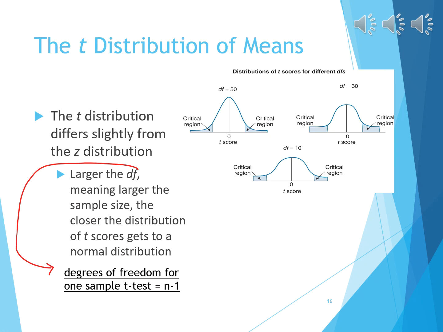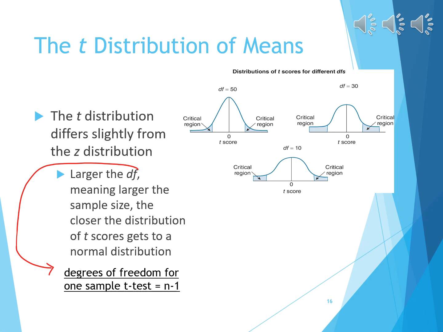So the thing I want you to take away from this is having more people in those samples is going to better approximate a normal distribution for the t-distribution of means. And I want to note again that the degrees of freedom for a one sample t-test is n minus 1. So far in the class we've been talking about converting correlation coefficients into t-scores and then comparing them to t-critical values using a degrees of freedom of n minus 2.